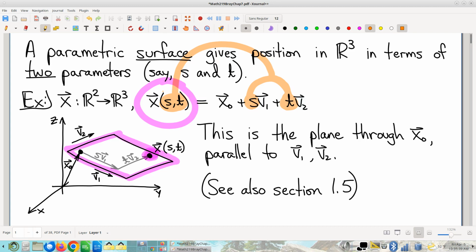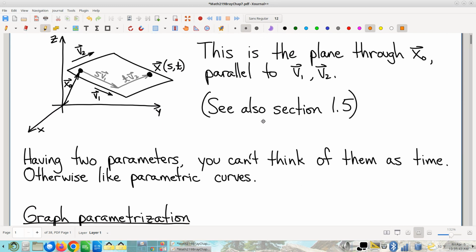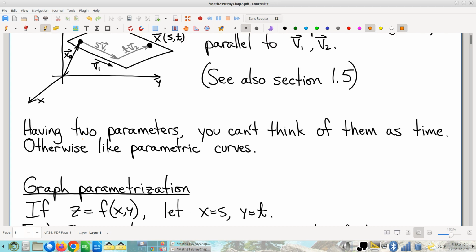Okay. All right. Now, one downer about this, because there's two parameters, you do kind of have to let go of one of our favorite crutches on parametric curves. Remember, I push really heavily this idea that when you're talking about a parametric curve, let's call the parameter t, let's think of it as time, and that allows us to make this interpretation that the parameterization is tracing out the curve. Right?